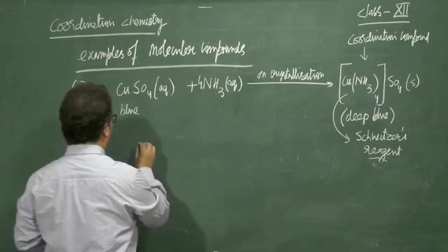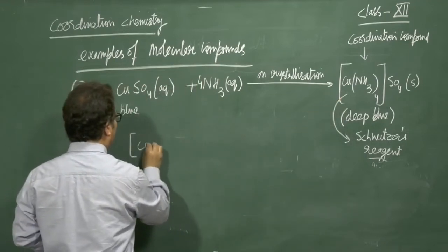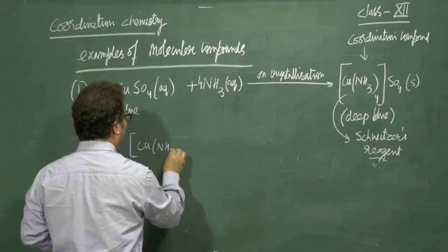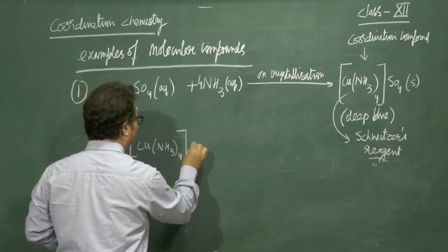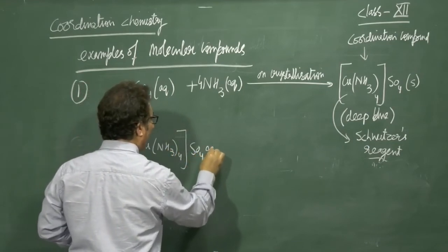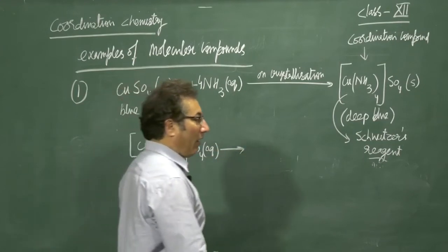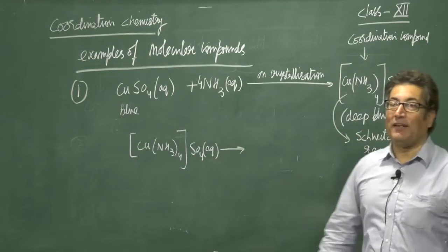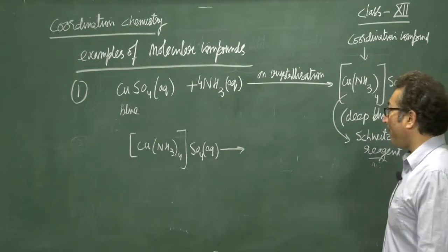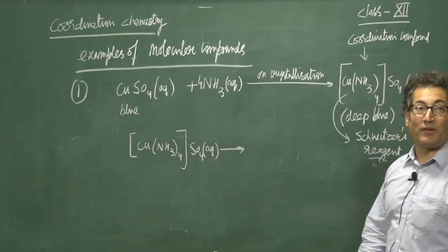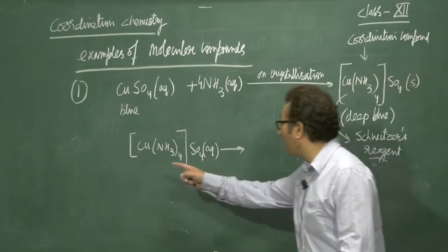It's in the solution. If you dissolve this compound in water, that is, you prepare its aqueous solution, it will not completely break into ions. That's why they differ from the double salts. So what will be the composition?